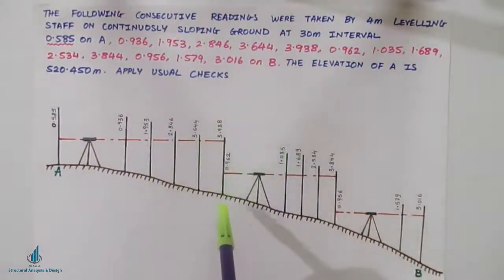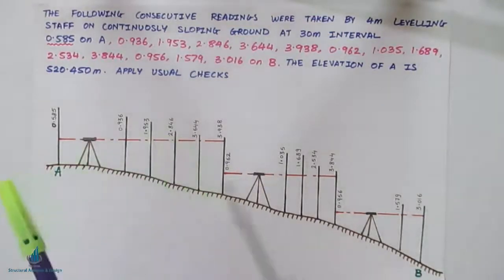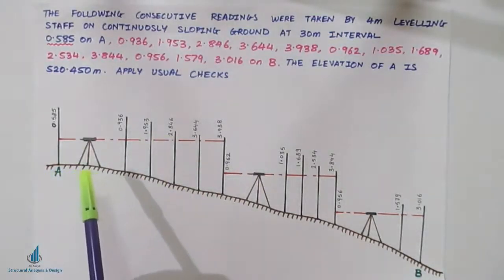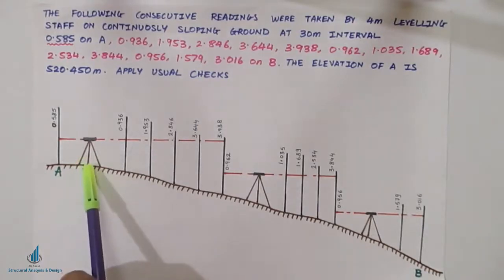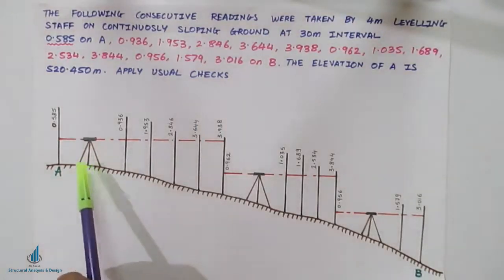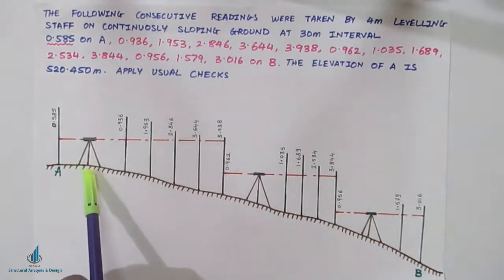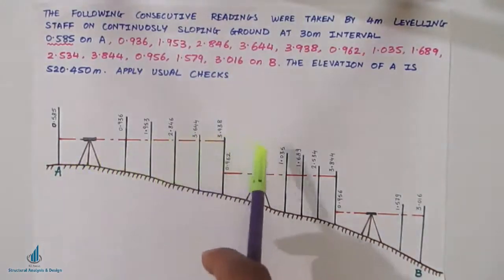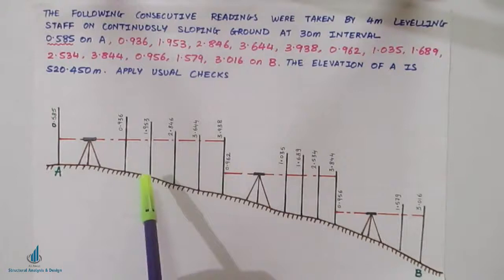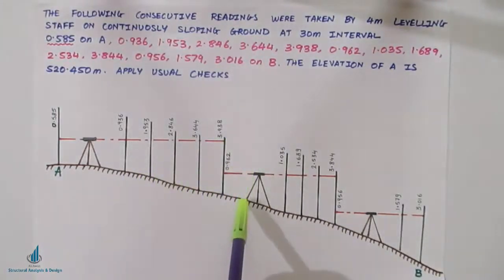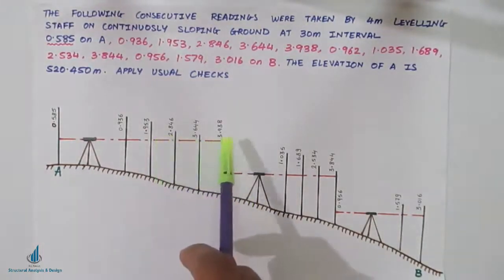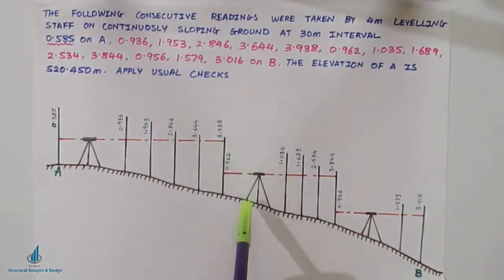So from that point, you have to understand there is only one way to proceed with the surveying, that is to change the instrument station. You set up the instrument here and took these 5 readings, but the 6th reading is not possible to take, because the staff is only a 4-meter staff and the line of sight is not getting bisected by it.